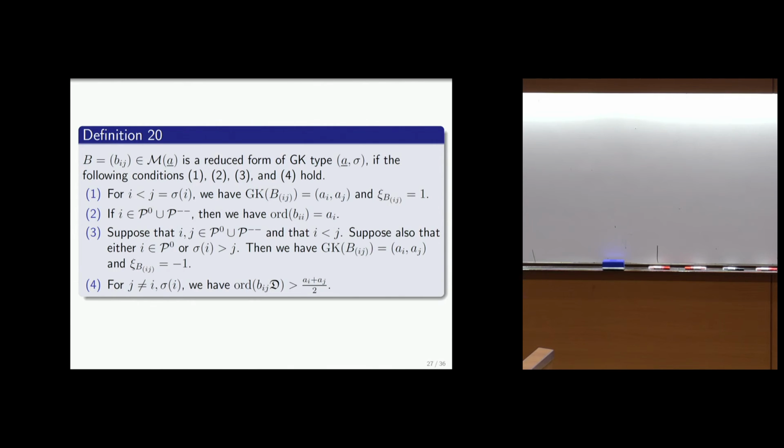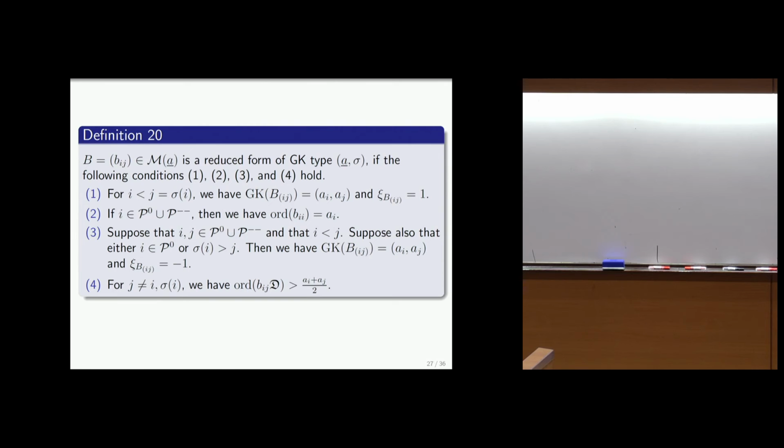The fourth condition is that if j is not equal to i or sigma i, then the order of B_ij D should be greater than (A_i plus A_j) over 2.